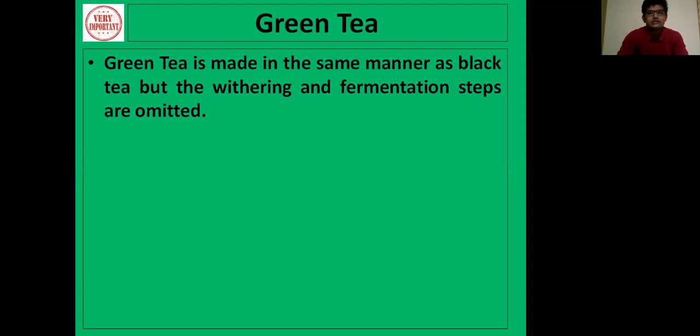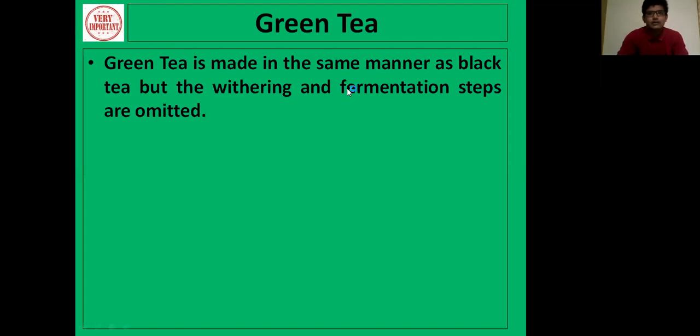In the preparation of green tea, these two steps are omitted. Because no fermentation occurs, which is responsible for the change of color from green to copper, only the green color remains in the green tea powder.